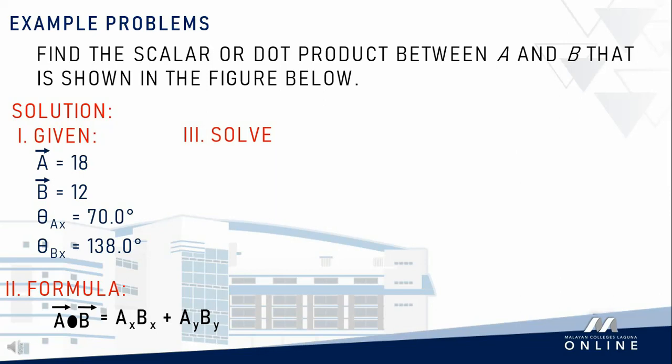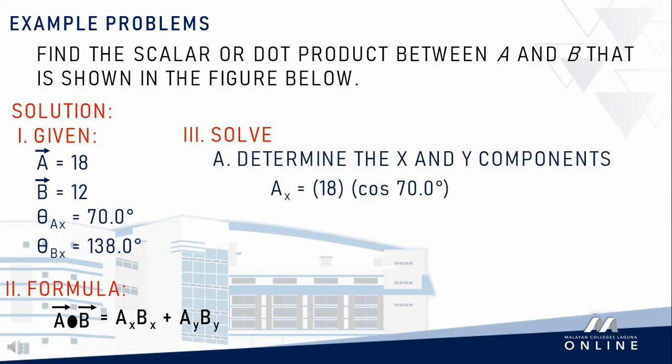For the x component of vector A, we will multiply 18 times cos 70 degrees, which is equal to 6.15. By convention, we round off our answers always to the nearest hundredths. Then, for the y component of vector A, we will multiply 18 by sin 70 degrees, which is equal to 16.91.